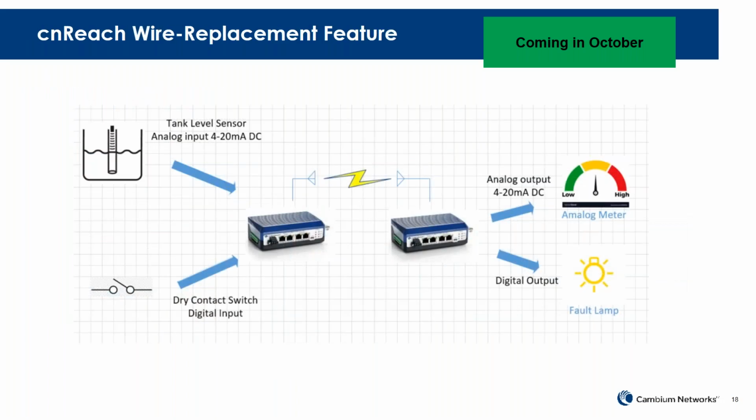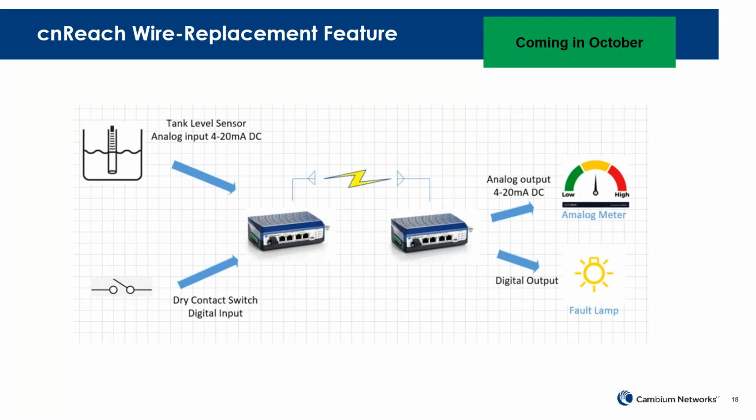Another new feature that we are currently in beta test with a number of customers is what we call wire replacement. This is a capability, I show it pictorially here, that I can take an analog or digital input on one radio and automatically have it replicate to the output on another radio.